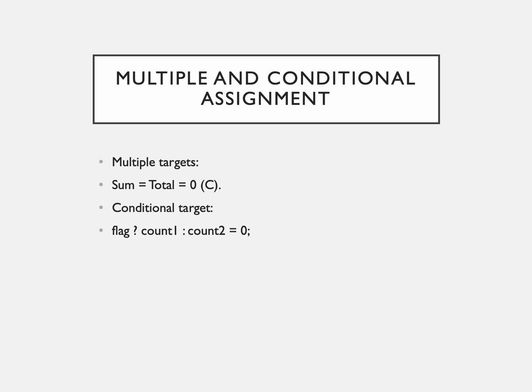Here's what this means. If flag is true, count1 = 0 is executed. If flag is false, count2 = 0 is executed. Now this specific syntax may vary across languages. In some, this form isn't valid unless wrapped in parentheses. For instance, in C++, you have to write it inside parentheses.